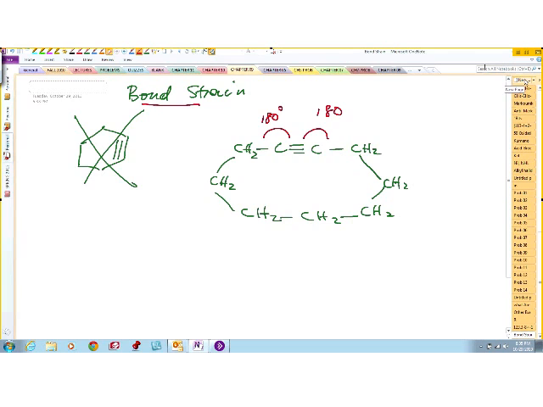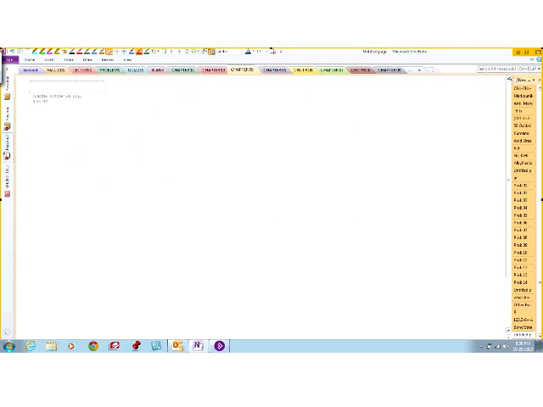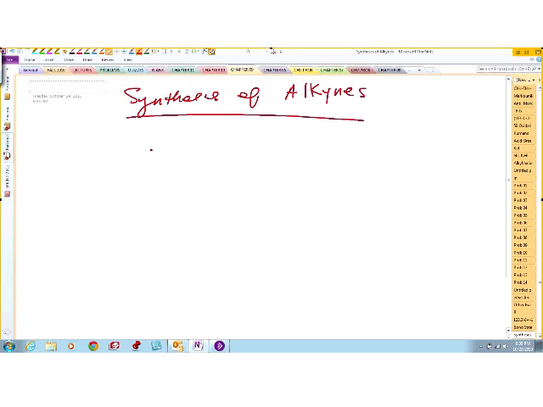Okay, now let us begin to take a look at the synthesis of alkynes. Actually, it's only one synthesis of alkyne that we use in the laboratory, and you're already familiar with it.